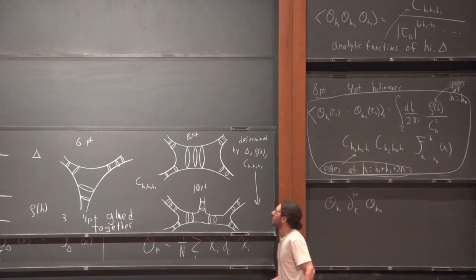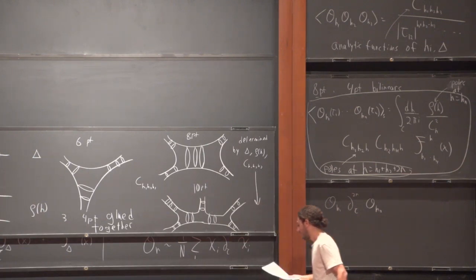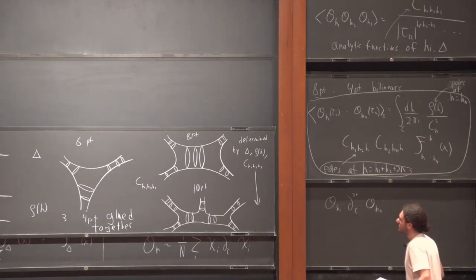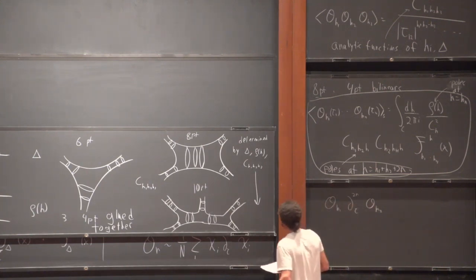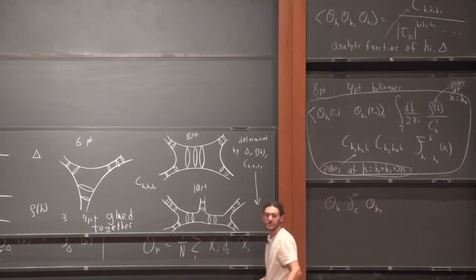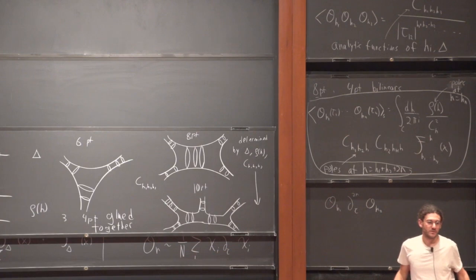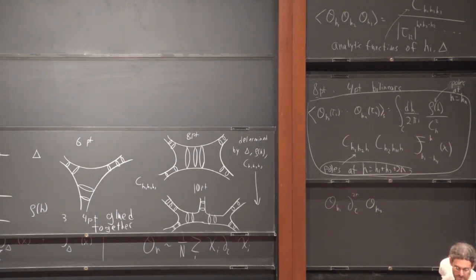So in particular, in the limit in which the dimensions of the bilinears are large, when h is large, their anomalous dimensions are small. So their dimensions are roughly 2 delta plus 2n plus 1.